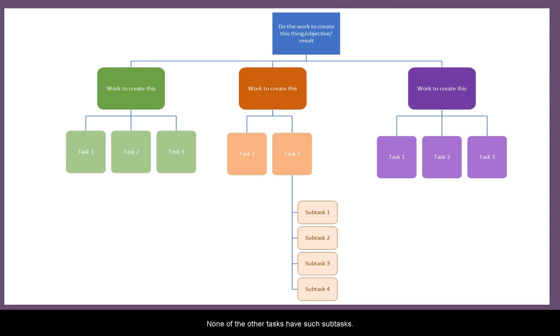None of the other tasks have such subtasks. Why is that? Why does task 2, the second element in the brown shading, contain subtasks but none of the other ones do? That's a question to ask to determine whether or not this WBS is balanced.